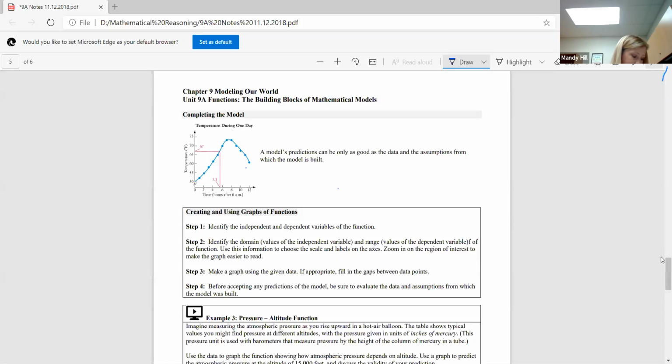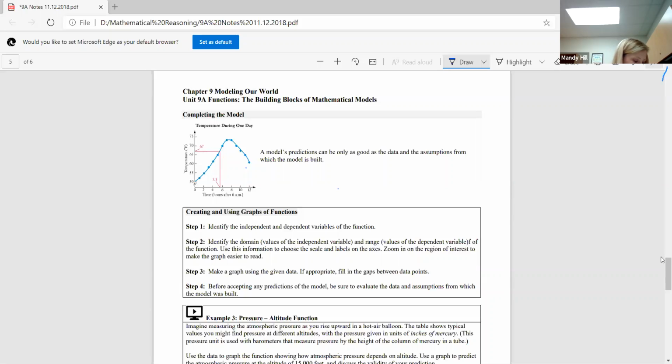You're going to need to be able to identify the domain, those are the values of the independent variable, and you're going to need to be able to figure out the range, which is going to be the values of the dependent variable of the function. Use this information to choose the scale and labels on the axis. Zoom in on the region of interest to make the graph easier to read.